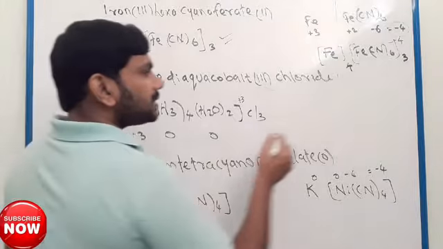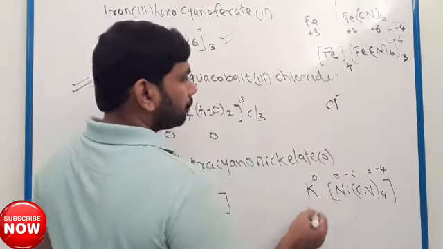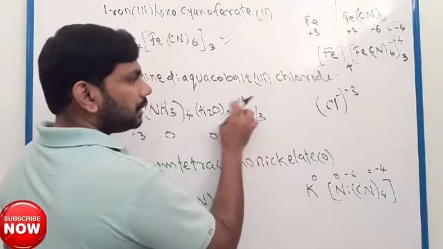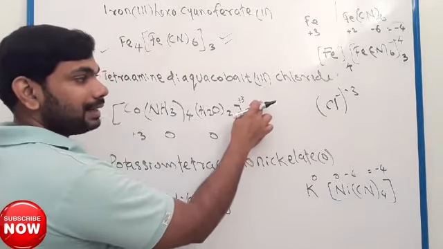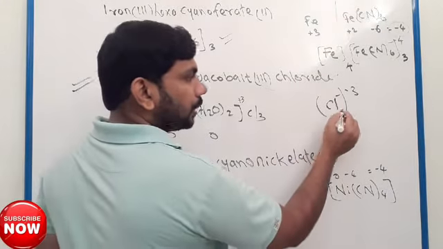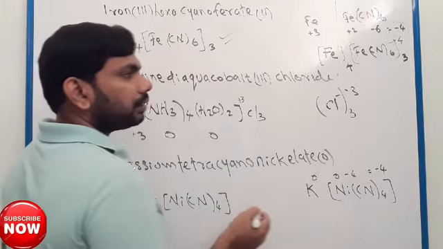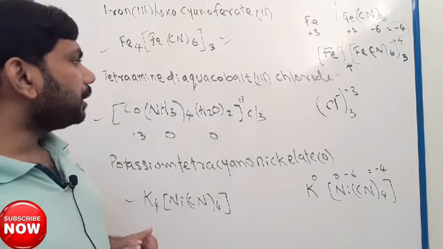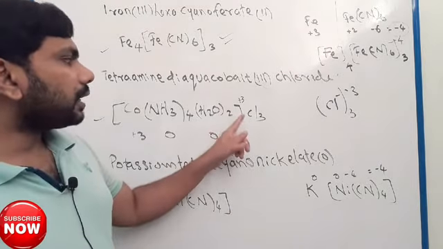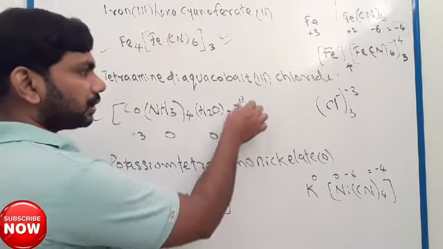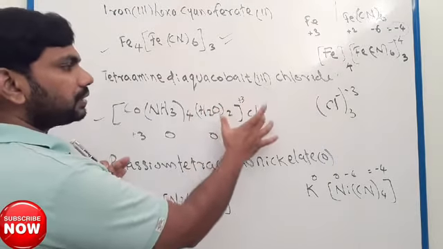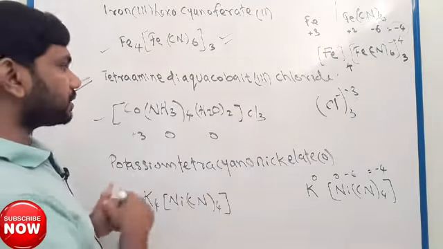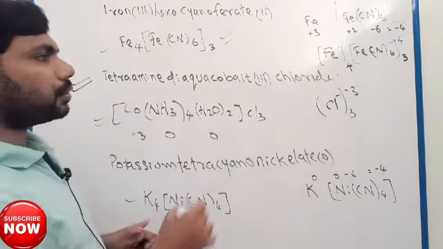So here, Cl is -1. We need it to be -3 because here it is +3. So chlorine is -1, so it must be 3 chlorine. Then only it will be -3. So here cobalt, NH3 4 times, H2O twice, Cl3. Here the overall charge is +3. That's why here Cl3. In the formula, no need to write +3. Okay, this is the formula of this compound.